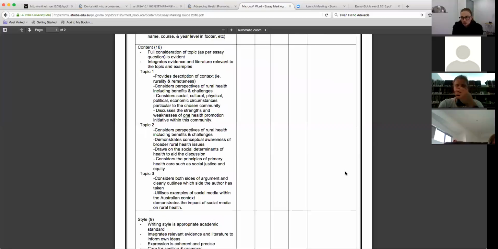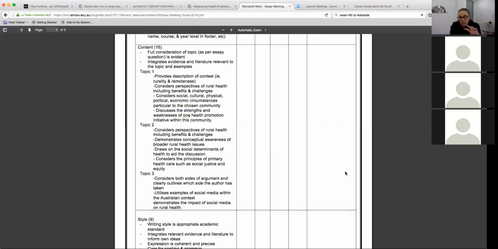For topic 1, what we're expecting from that is you give us a bit of a description of the context. And what we mean by context in that sense is that we want you to tell us what the town is like. There's the stats, how many people there are, things like that, health services, health issues.